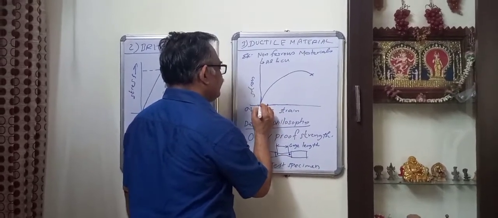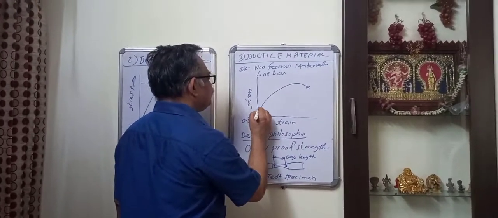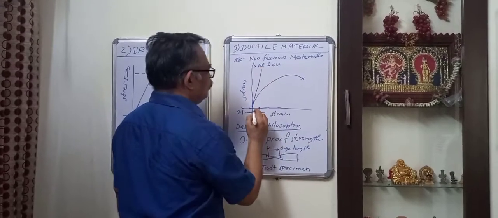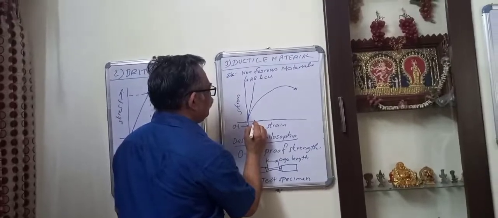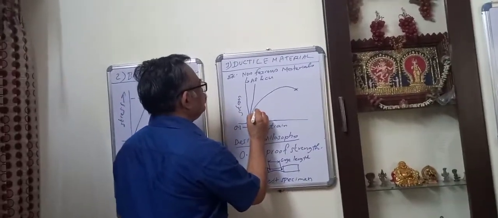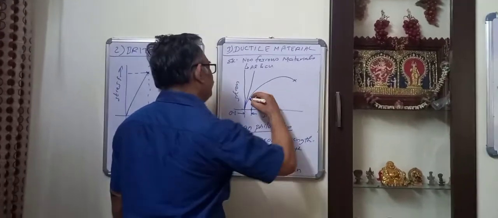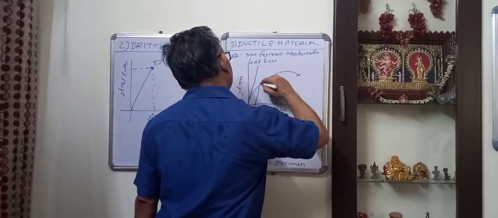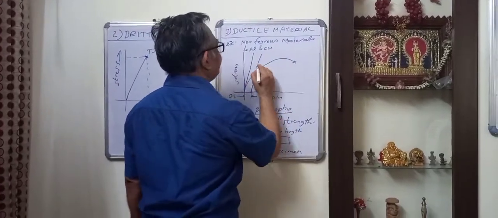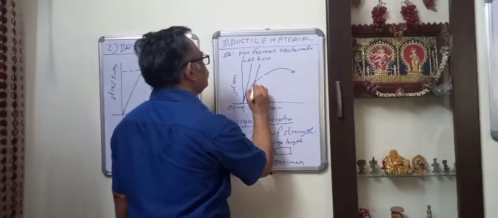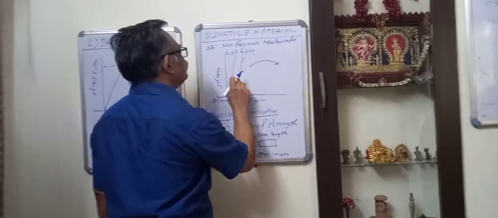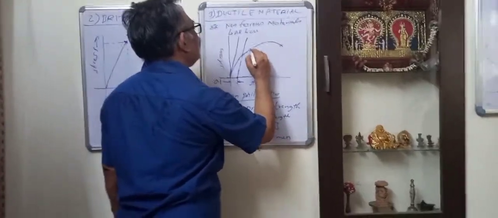Then, at the slope with which the curve initially starts, we will draw a line parallel to the initial sloping line through this point, like this.